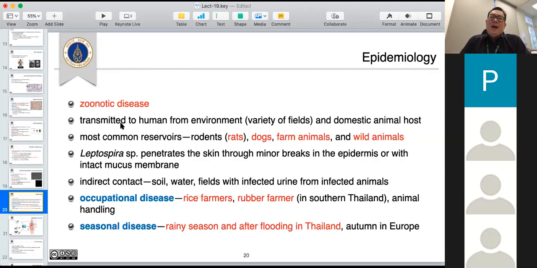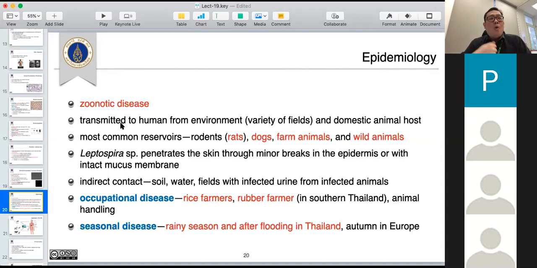The good way to diagnose leptospirosis is that the doctor always asks the patient: if the patient is a rice farmer, that is high risk, or in southern Thailand, rubber farmers also get infected a lot by Leptospira because they walk barefoot on soil that is probably contaminated with the urine of infected animals.